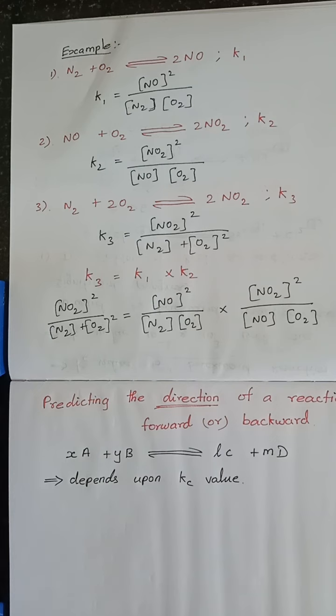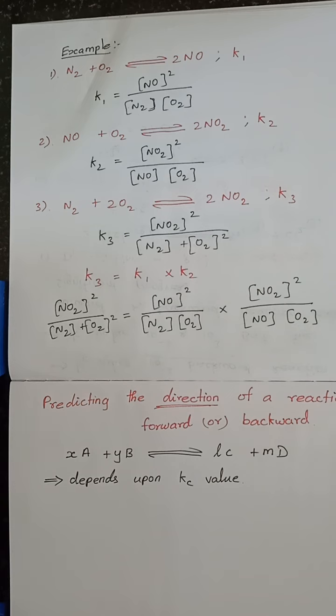You write compulsory: the general homogeneous reaction is xA plus yB reversible reaction to formation of lC plus mD. In this reaction, it depends upon the Kc value.